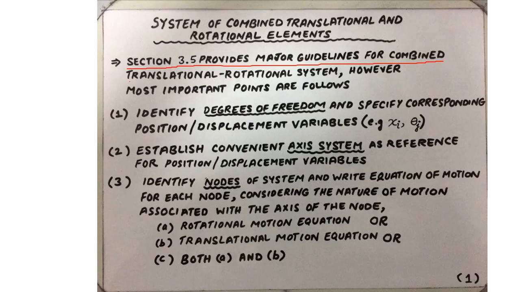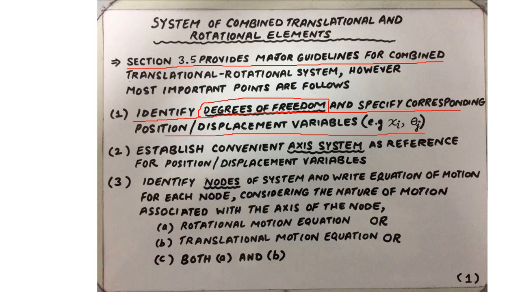The first of them is the identification of the degrees of freedom, and to be able to specify the corresponding position or displacement variable. So first of all, we have to identify the number of degrees of freedom that can specify the configuration of the mechanical system. And for each degree of freedom, we need to specify the position or the displacement variable.